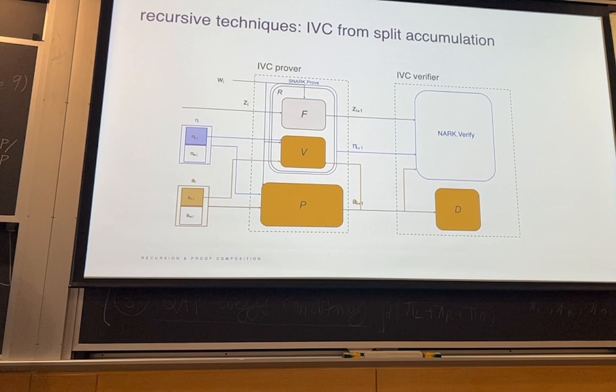Now, if you wanted to use split accumulation with Halo 2 and the inner product argument, you could. Basically, at each step, you would just do the Pedersen commitment. And then at the last step, you could do an inner product argument to shrink the size of your argument. The Halo 2 people are actually considering implementing split accumulation.